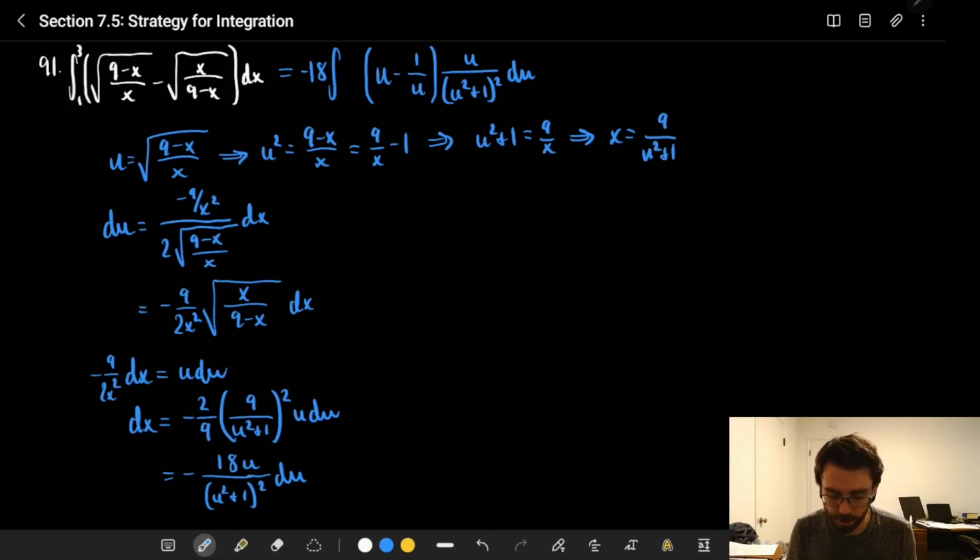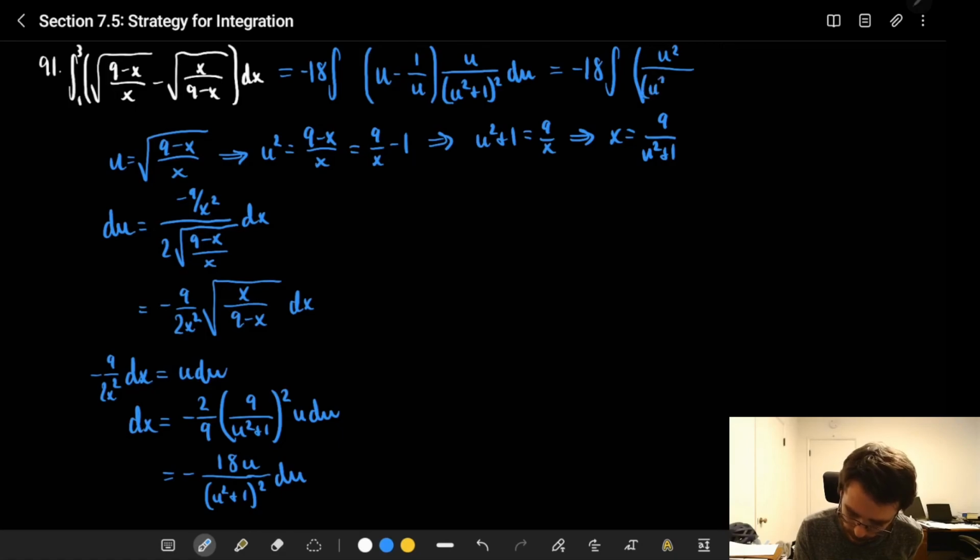The question is, is this even solvable before I even figure out the bounds? Leave it blank for now. Maybe. Maybe, right? This looks like... So u times that is u squared over u squared plus 1 squared.